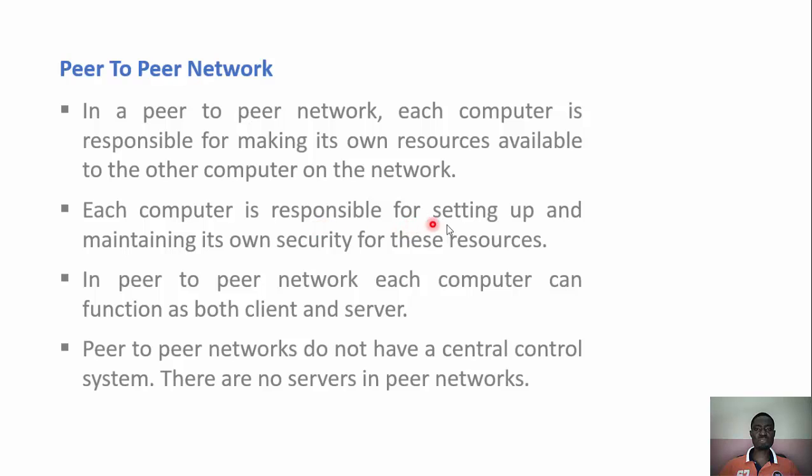Each computer is responsible for setting up and maintaining its own security for these resources. In peer-to-peer network, each computer can function as both client and server. Peer-to-peer networks do not have a central control system, so there are no servers in peer-to-peer networks.